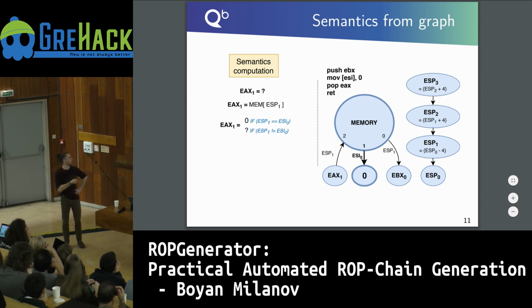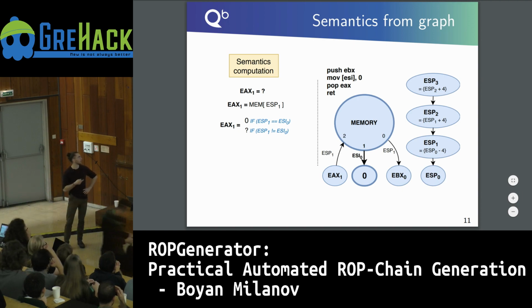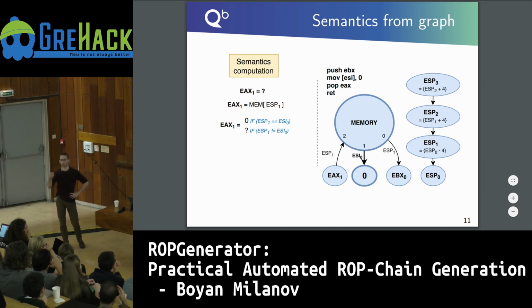And you can see that you wrote 0 in memory at address ESI0. So you know that EAX will be equal to 0 if ESP1, the address from which you read, is equal to ESI0, the address to which you wrote previously. If it's not equal, then you don't know yet what it can be.